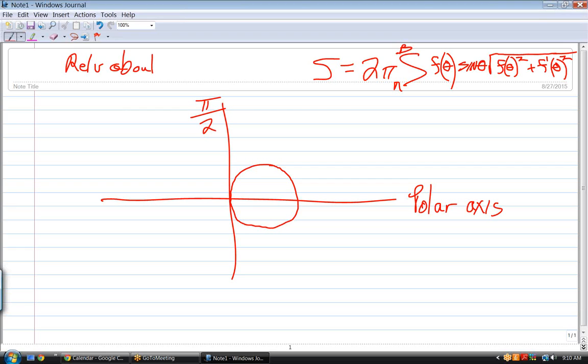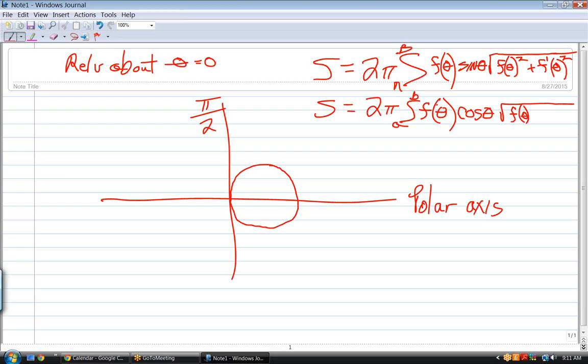Revolving about, let's call it theta equals 0. And if it's revolving about the vertical axis, the equation is identical, except instead of sine theta, it's cosine theta. So this is, okay, let's see.